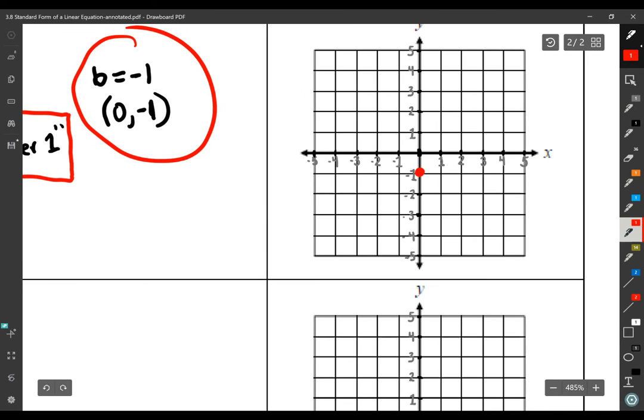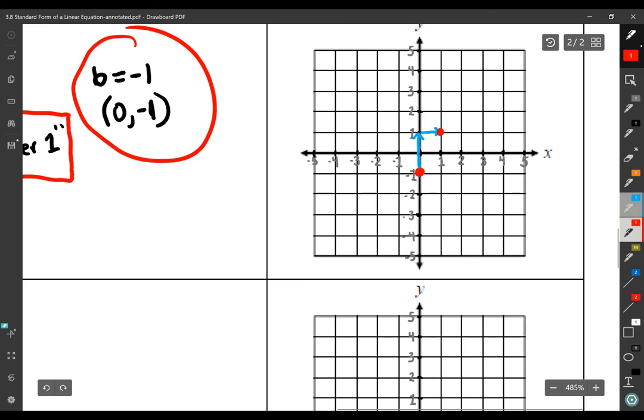Okay? So, just give me a second here. Oh, whatever. Okay, so rise 2 over 1. So we're going to rise 2 and we're going to move over 1. And that tells me where to put my next point.